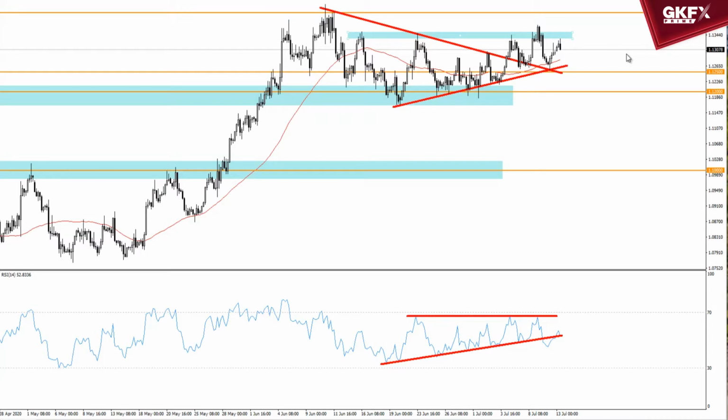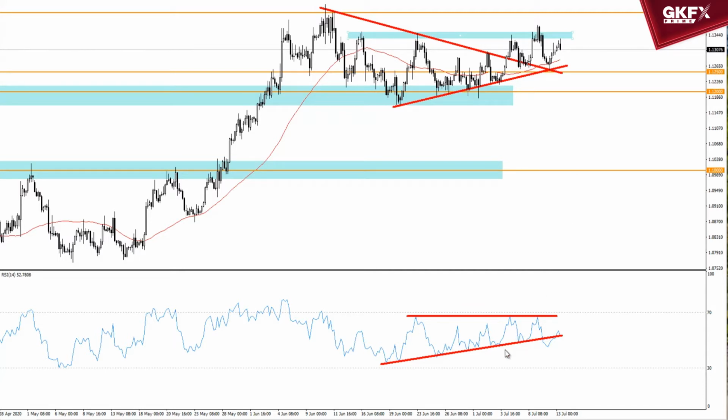If we do get a break below this rising trend line here, then I think that 112.50 is the nearest round number to that. I think then we have to flip a little bit more bearish, but we don't turn completely negative on the euro until we feel like a top has been put in throughout this whole consolidation area, and the break of that top would come with a move below 112.